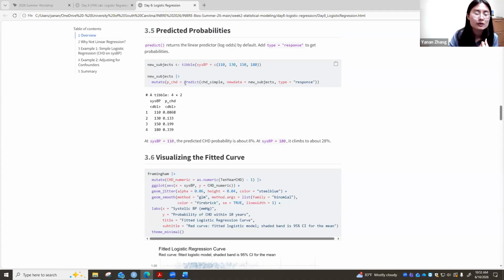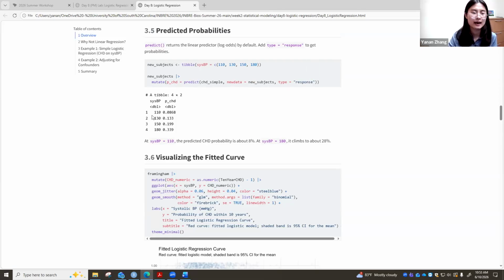So we can use the function called predict. We put our model here. We specify that we want to do the prediction for these 4 data points. And here we specify type equals response. The response will give us the probability.